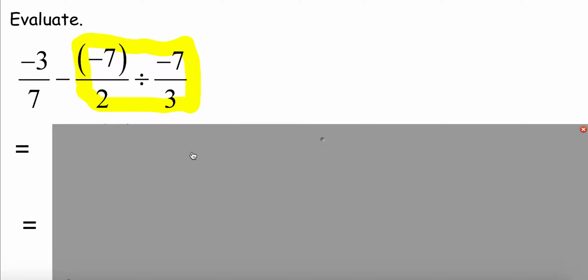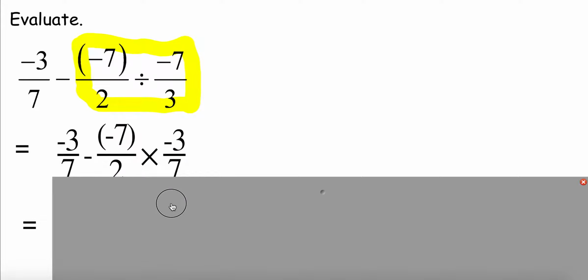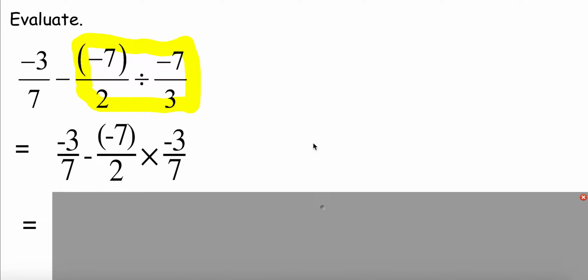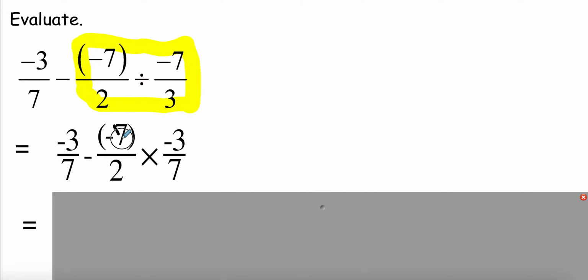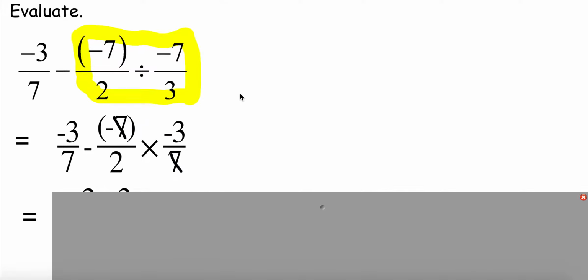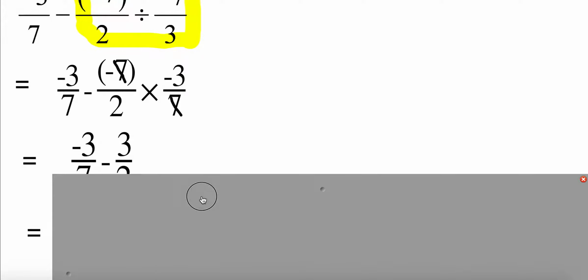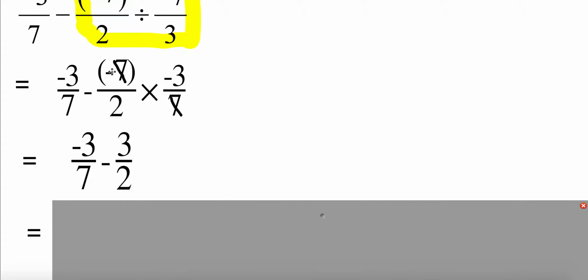So when we divide, we flip the second fraction, make a multiplication, we end up with that. Okay, well now I've got a negative and a negative, but what I'm actually going to do is get rid of these 7s, because they're both going to divide by 7. Negative and negative makes it positive.